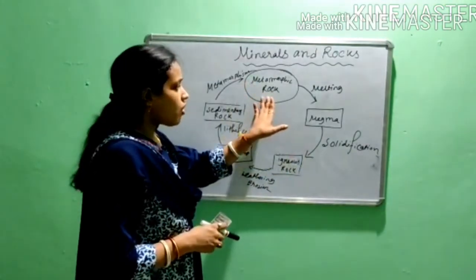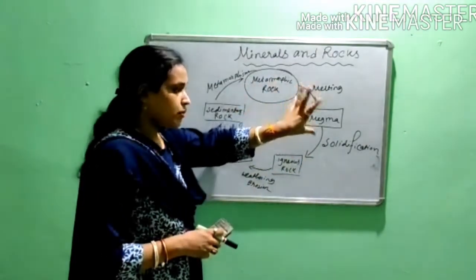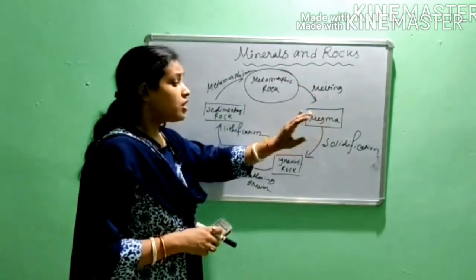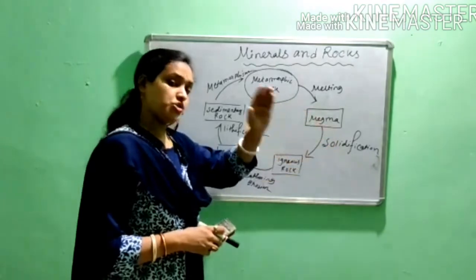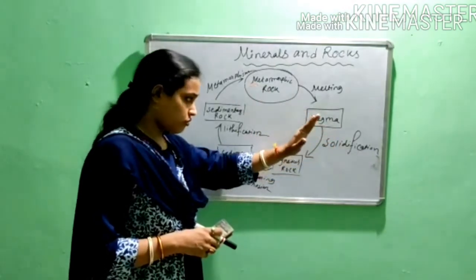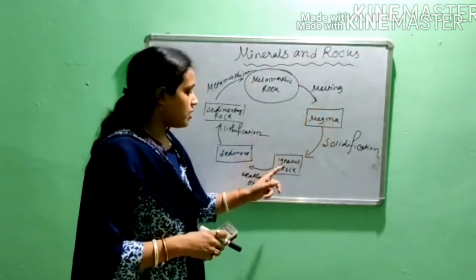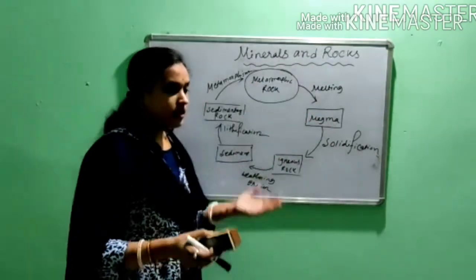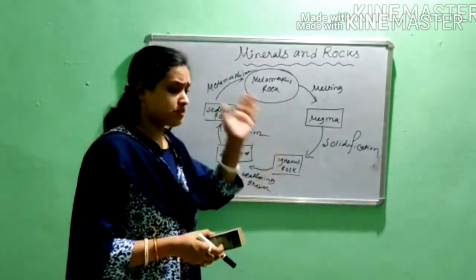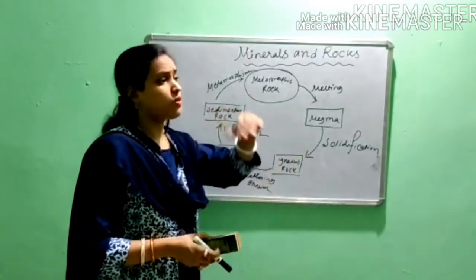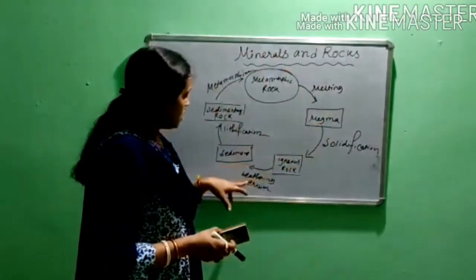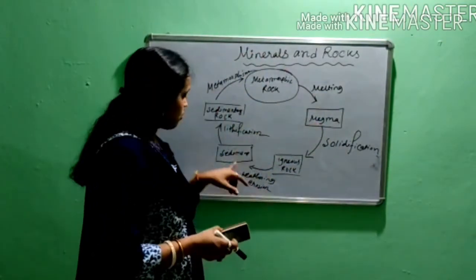So metamorphic rock, through different processes, when this metamorphic rock melts, forms magma. So magma, after solidification or cooling down, we find igneous rock. Then igneous rocks, through the process of weathering and erosion, break into several pieces and are transported to other places and deposited. When it is deposited, it is known as sediment.